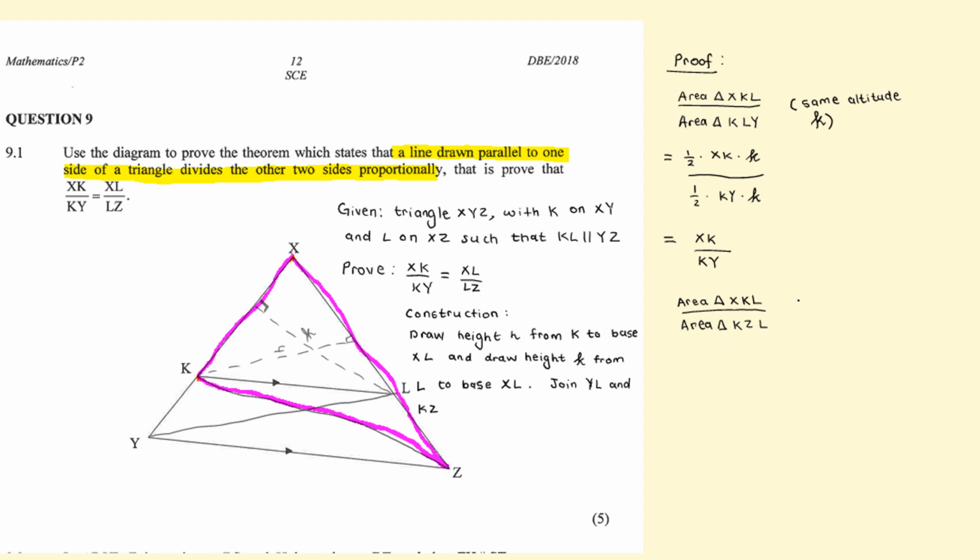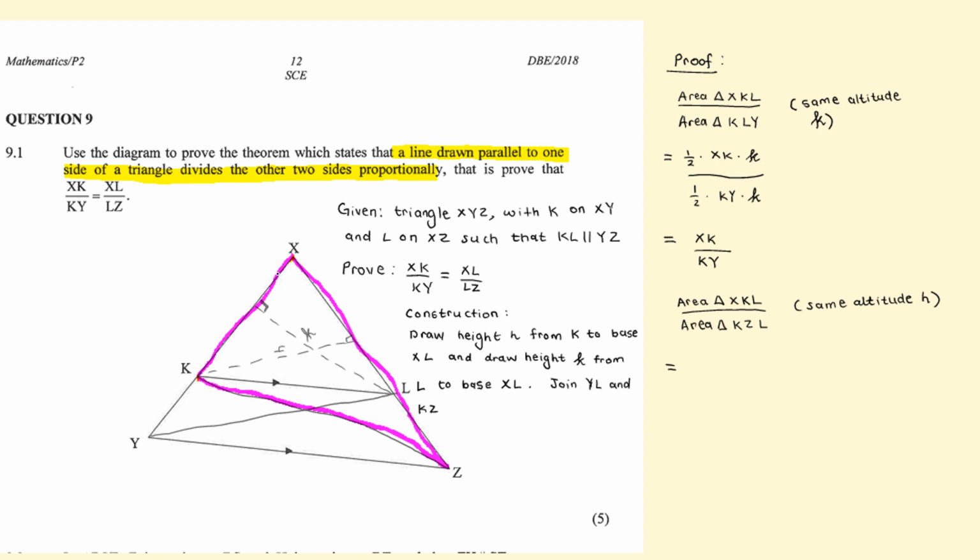These again have the same altitude, this time H. Because they have the same altitude, the ratio of their areas is proportional to their bases, but we have to prove that.